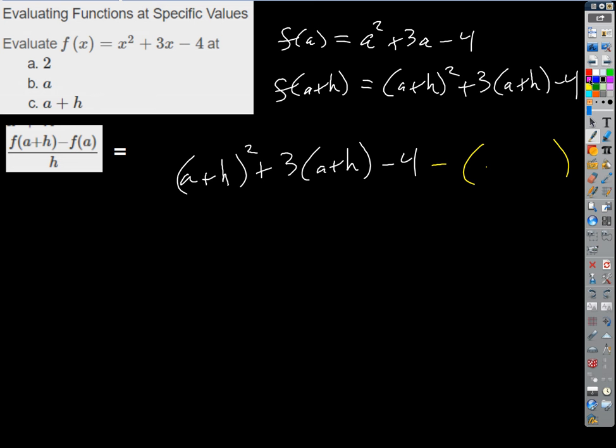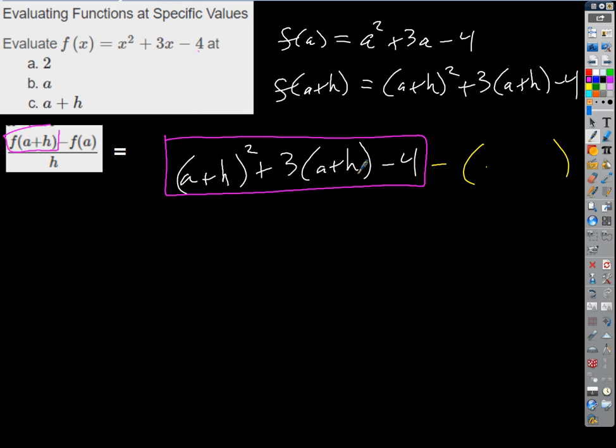Well, f of a plus h, everybody agree, just works out to be that, because if I just follow the function rule, it's telling us what I'm doing with input values. For every input value, I'm going to square that, add to that 3 times the input value, and then subtract 4.